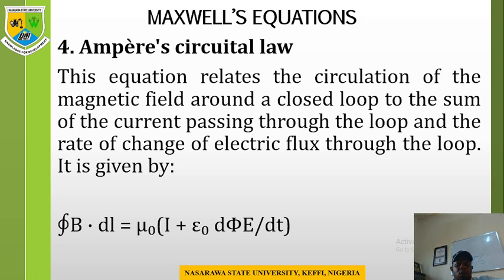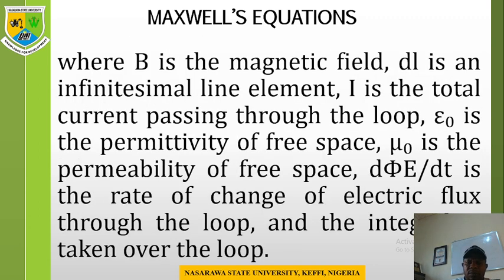It is given by the closed integral of B dot dl is equal to mu naught into I plus epsilon naught dΦe/dt, where B is again the magnetic field, dl is an infinitesimal line element, I is the total current passing through the loop, epsilon naught is the permittivity of free space, mu naught is the permeability of free space, dΦe/dt is the rate of change of electric flux through the loop, and the integral is taken again over the entire loop.